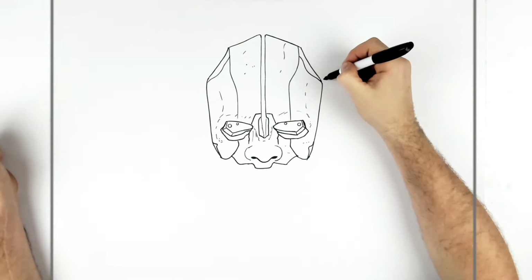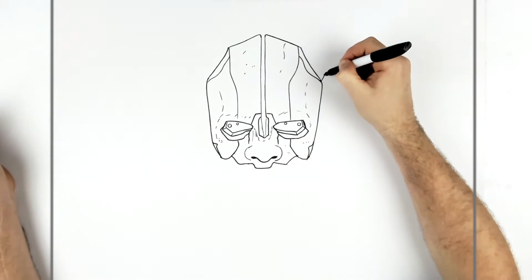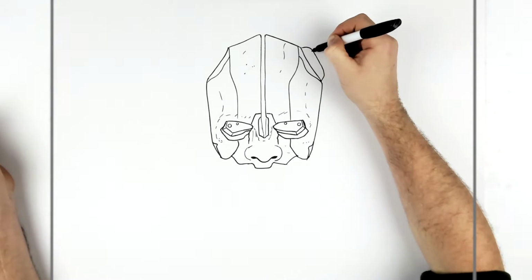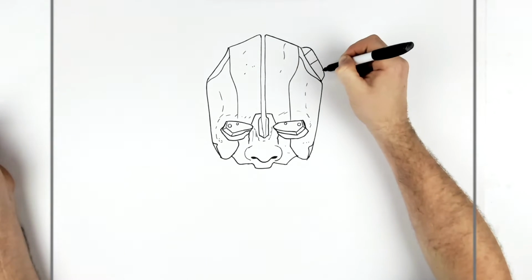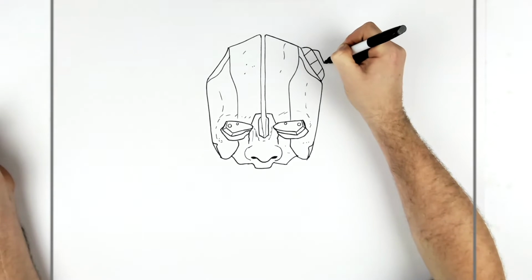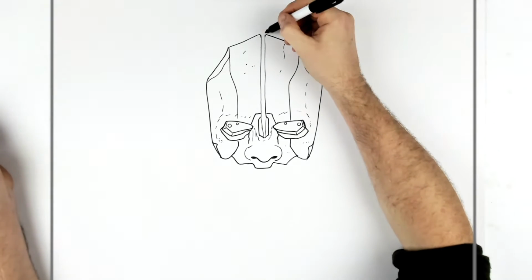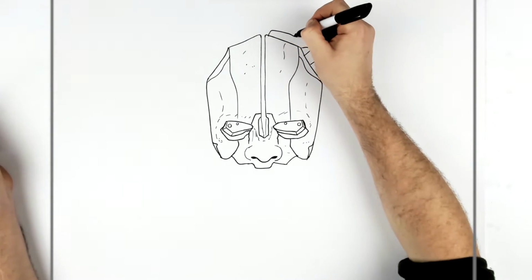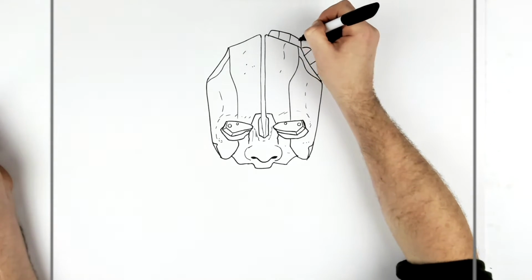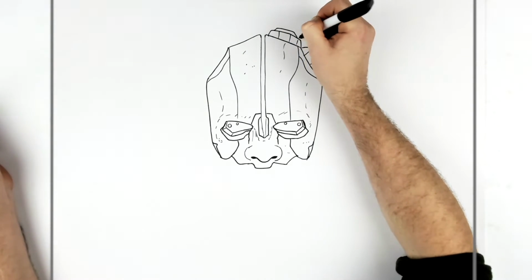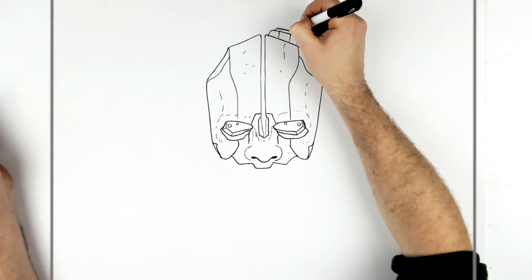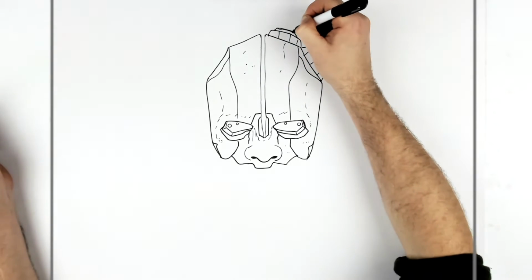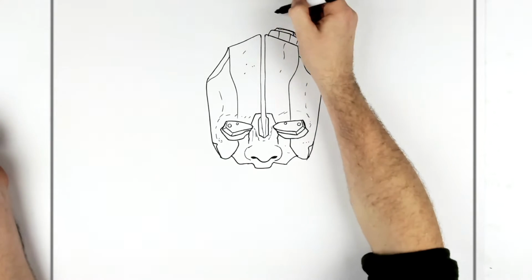So at the top of his head, we've got these bumps, right? These sorts of things, and they have like a hexagon type thing at the top. There are 4 of these. Right, so these have all these edge lines and angles and stuff to them. Right, so trying to make them look metallic.